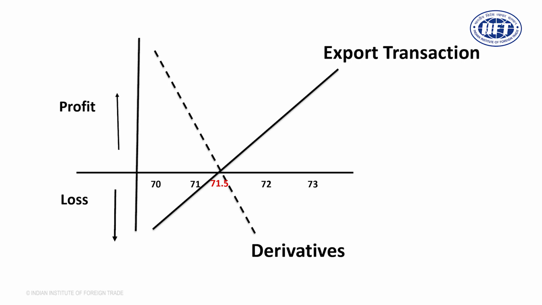If you want to protect, what protection? The exchange rate will change, but it should not disturb my profit margin. Then you have to use derivatives. Your bank will help to select the right derivatives.